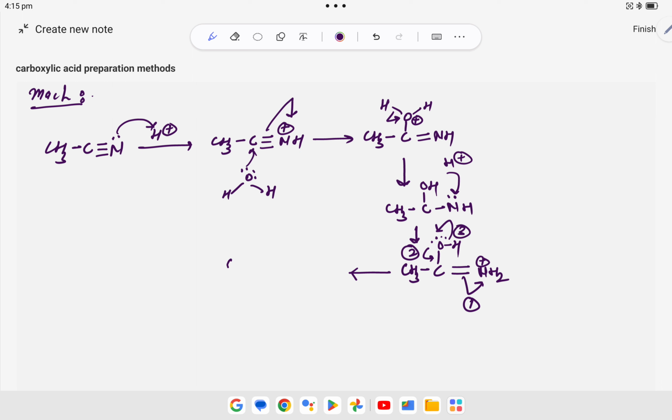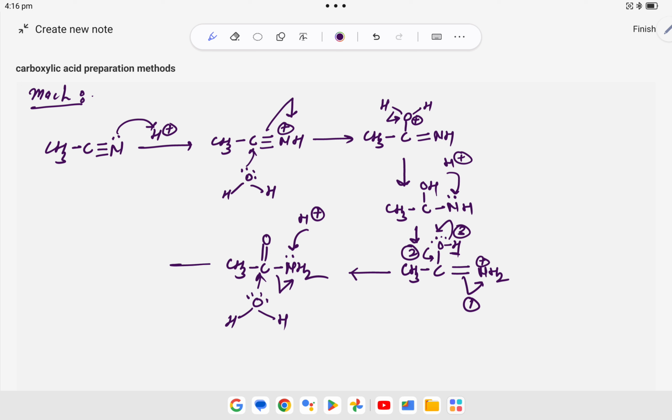So again what you are getting? CH3 C double bond O and here it is NH2. Amide formation done. Nitrogen is having a lone pair again and H plus is free. That H plus will approach nitrogen again, so it will get a positive charge. Then again these electrons shifted here and water will attack the carbon again, so that is attached like this.